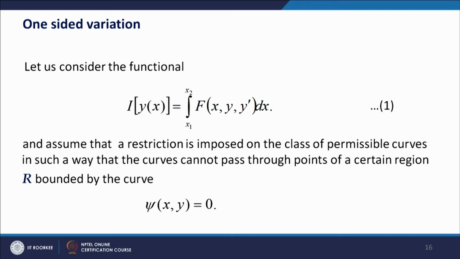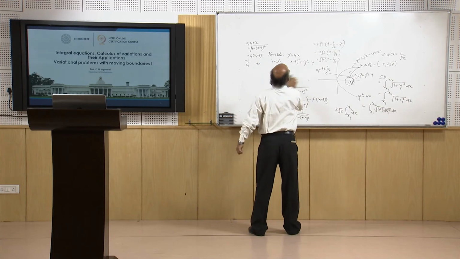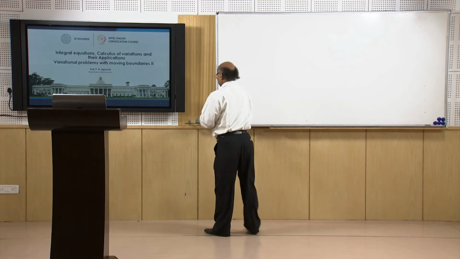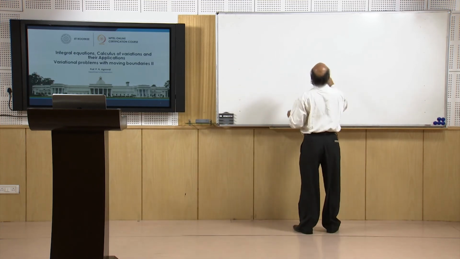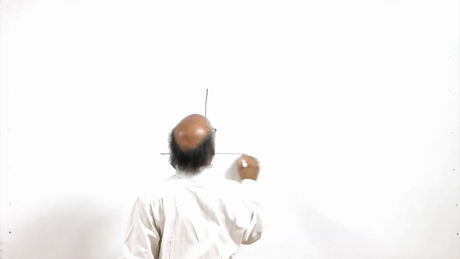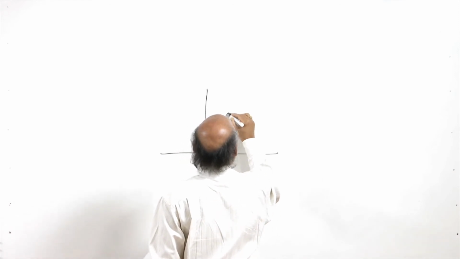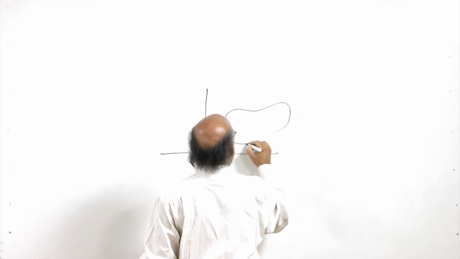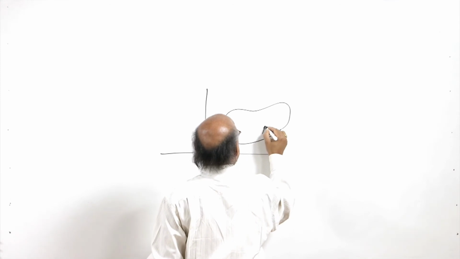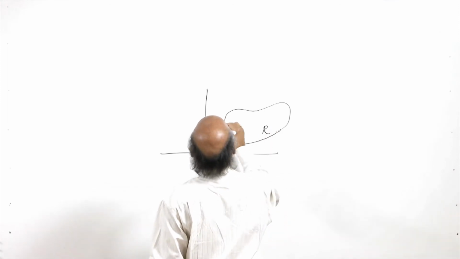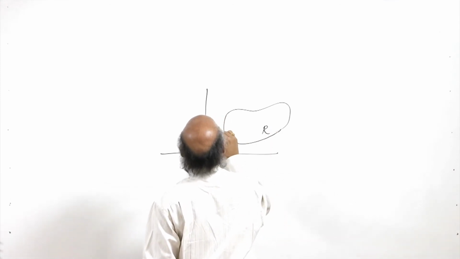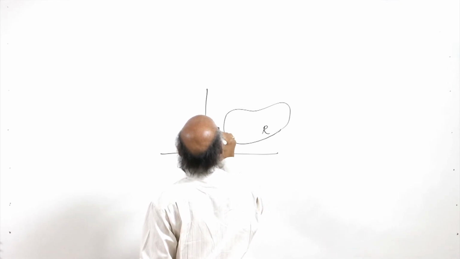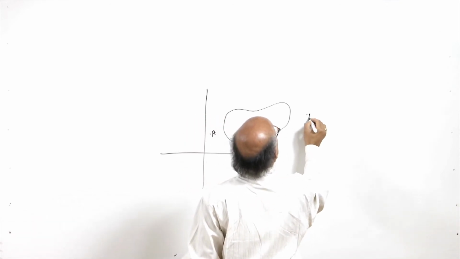So let us see, we have this situation. Let us say we have this situation. We have a region R, we have a point A here and another point B here.